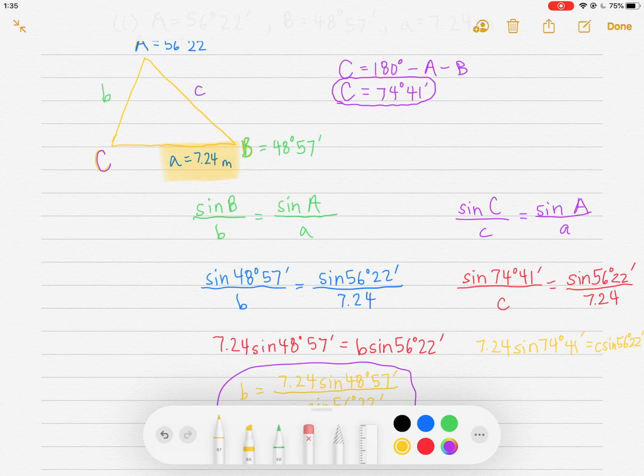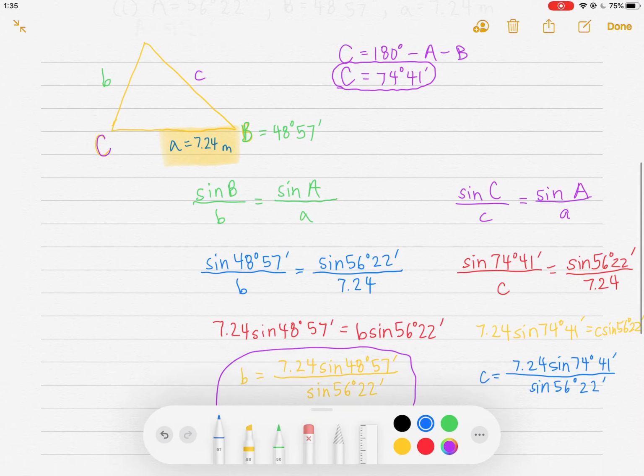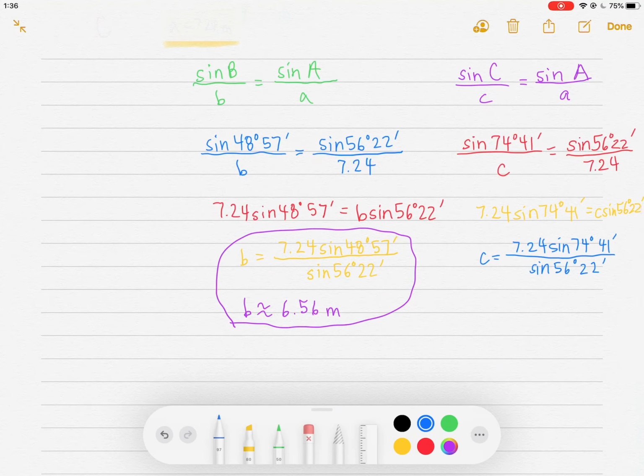Divide the 56 degrees, 22 minutes to the other side to get little c is exactly equal to 7.24 sine of 74 degrees, 41 minutes, all over sine of 56 degrees, 22 minutes. Then we can put that in our calculator.